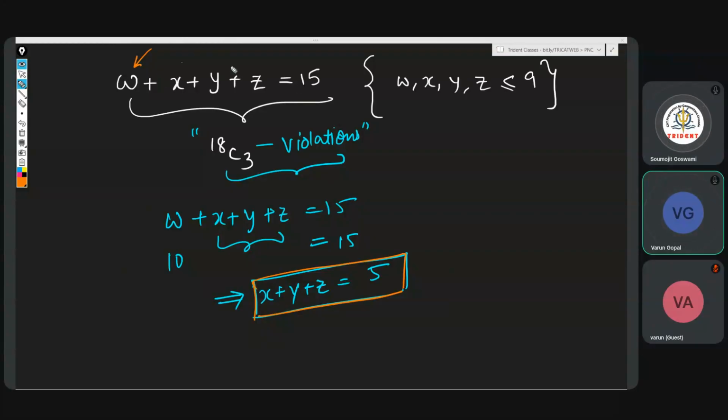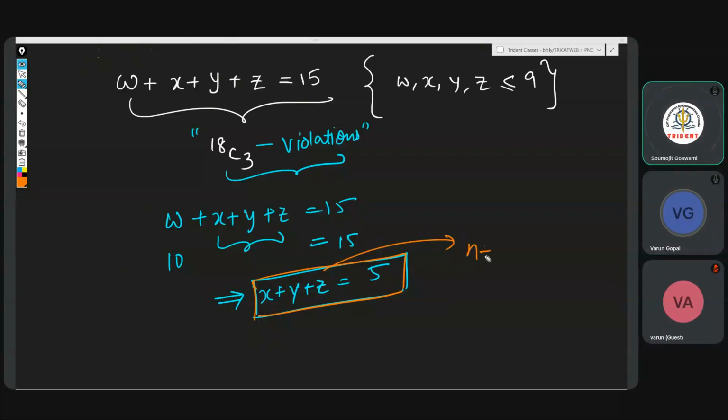We cannot make a 4-digit number less than 10,000 by using a digit like 15, or 10, or 11, anything like that. So the moment I substitute the digit, it has to be a single digit. It cannot be more than 9. So the moment I violate it, any other combination or permutation of X, Y, and Z will be subsequent violations.